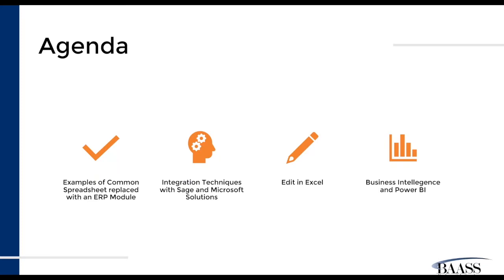We're going to look at the integration techniques, and we're going to focus on Sage 300 and Microsoft Business Central, just to give an idea and exposure into those two different ERPs, and how we use their integration technique. So depending on what ERP you are on, there is always an option for integration. So we're going to highlight the areas in Sage 300 and Microsoft Business Central.